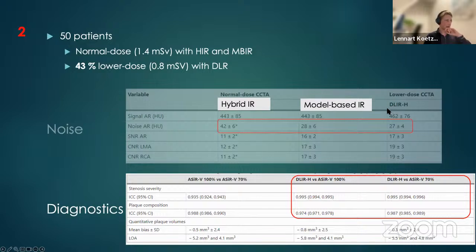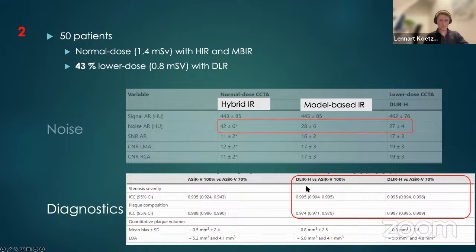Then taking a look at diagnostics, the plaque volume quantification was not impacted by lowering the dose. As we can see here, the intra-class correlation is very high, and this shows us that although the dose was lowered by 43%, this didn't impact the diagnostic accuracy.